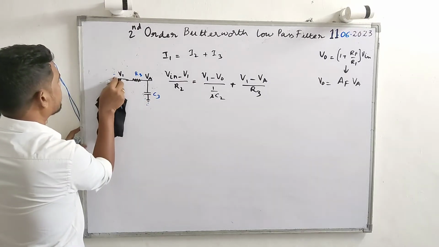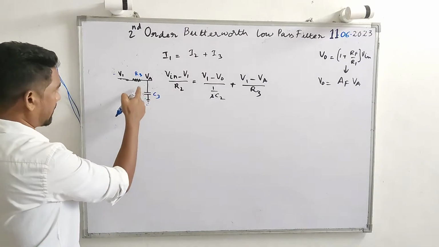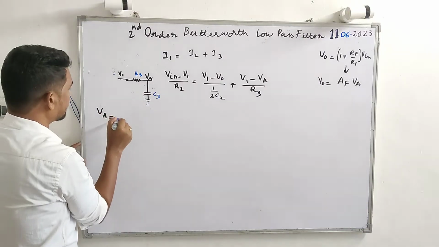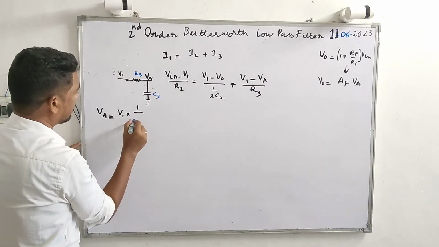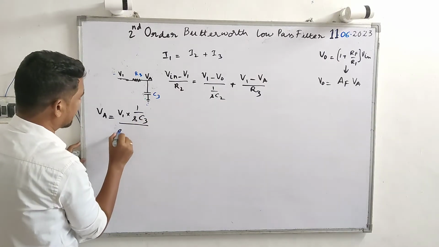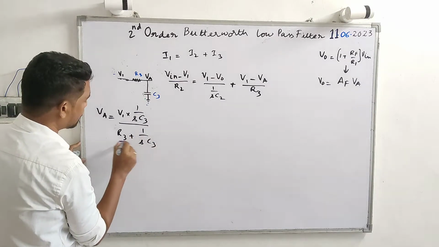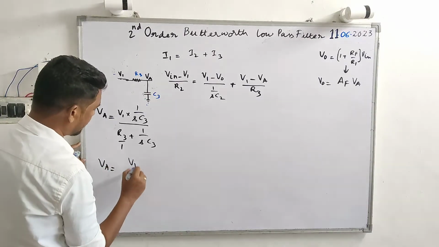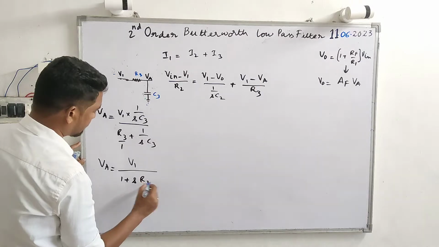From this arrangement, VA can be written as the supply V1 into 1 by SC3, the capacitive reactance, by the total impedance, R3 plus 1 by SC3. Simplifying this, VA will be equal to V1 upon 1 plus SR3C3.